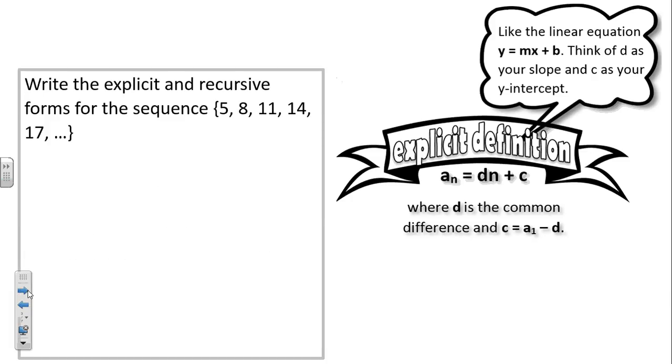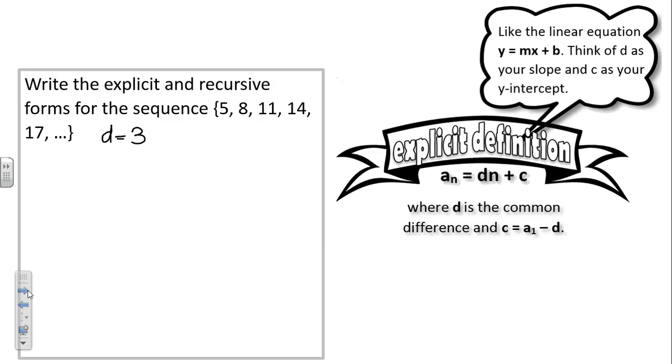Okay, so we want to write an explicit and a recursive form for the sequence 5, 8, 11, 14, and 17. We already determined that that has a common difference of 3. Okay, so d is 3. What would our zero term be?